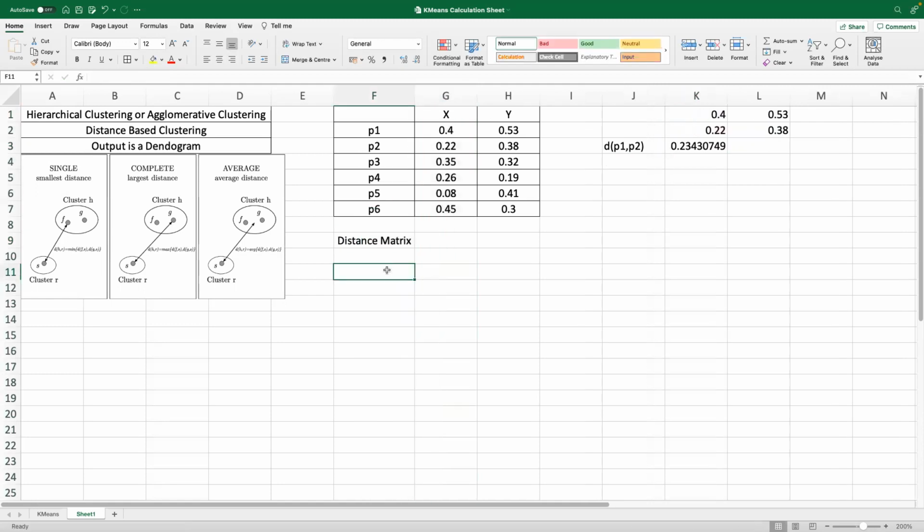In a distance matrix, generally, you know the matrix format of distance, right?